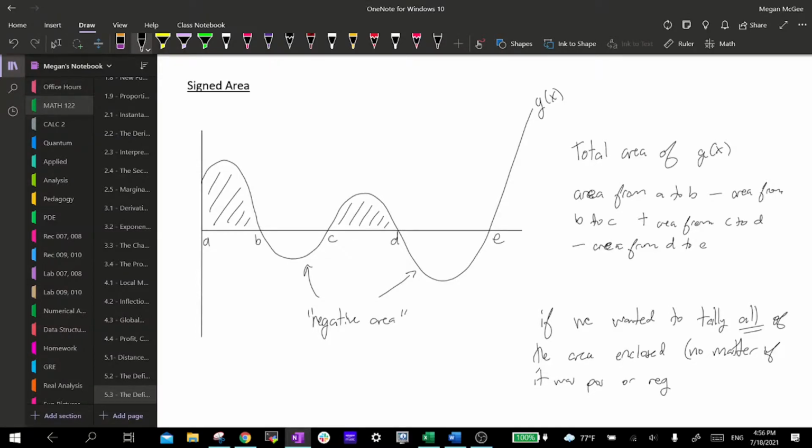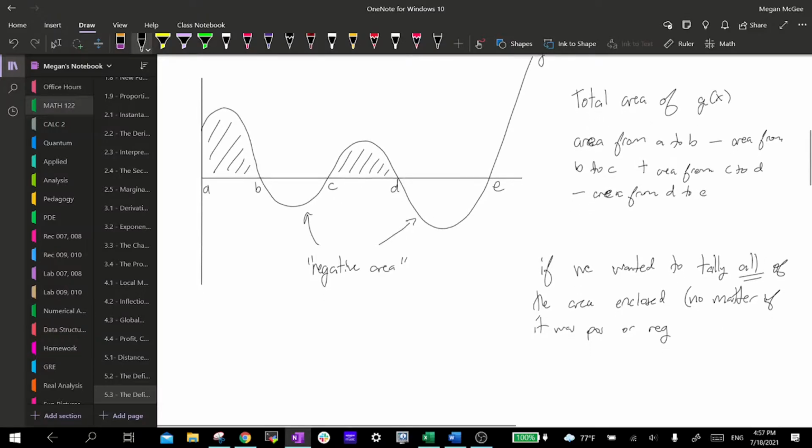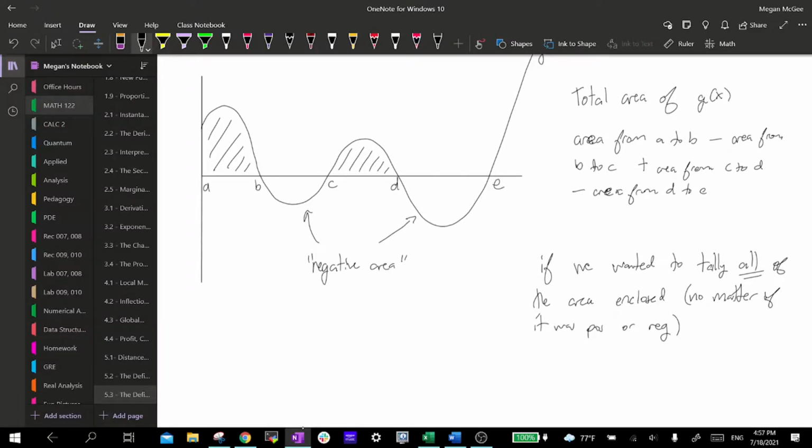Like, we just wanted to know in total how much was there, positive and negative combined, like all of it total. Alright, we just take the absolute value of all of the areas. Okay?